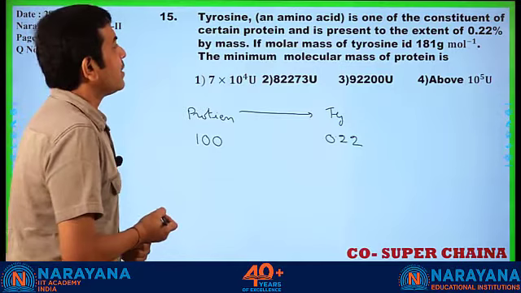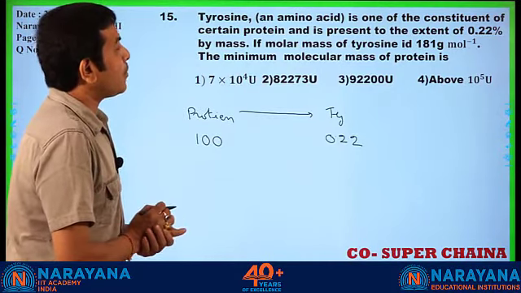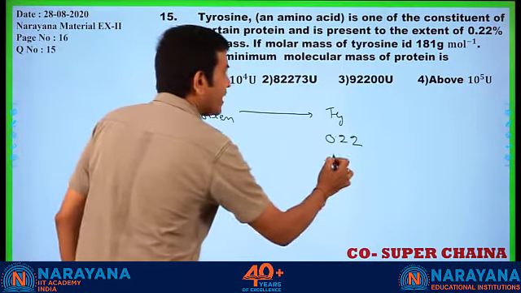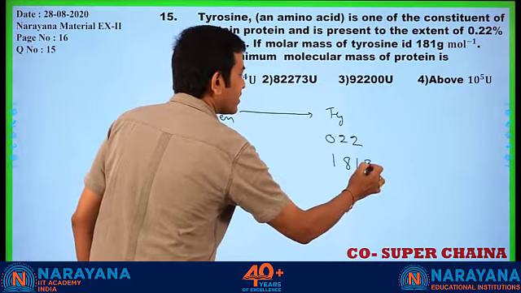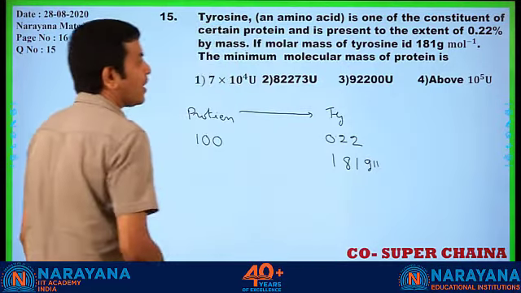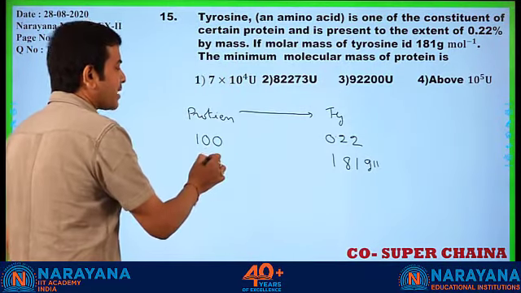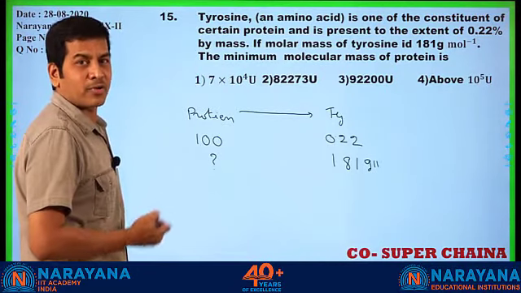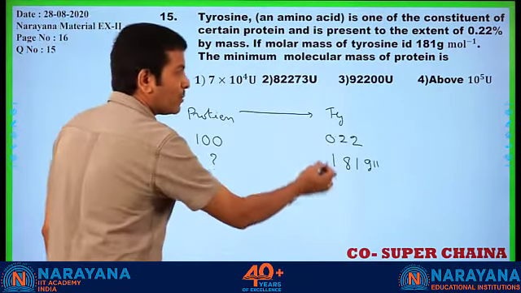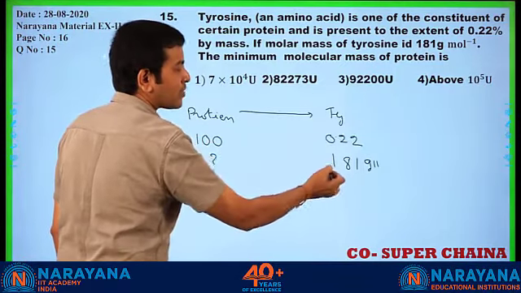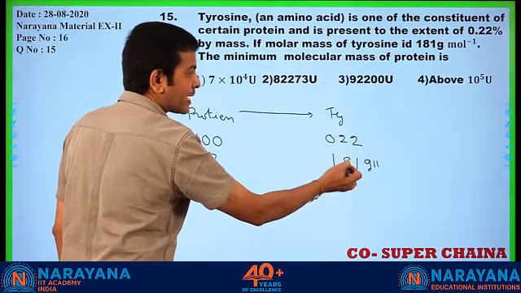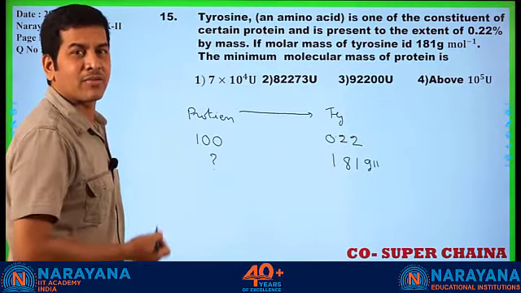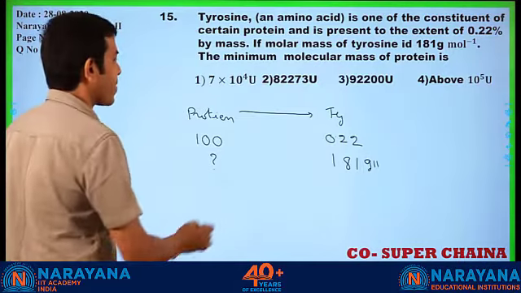The molecular weight of tyrosine is given as 181. So 181 grams per mole of tyrosine is present in how much weight of protein? It will be the gram molecular weight of that protein.